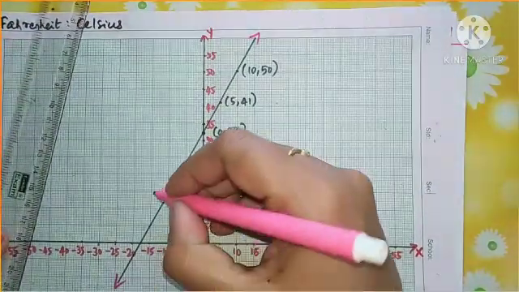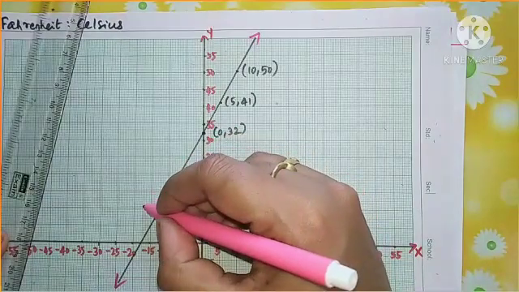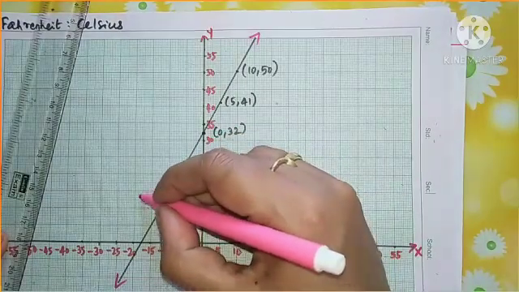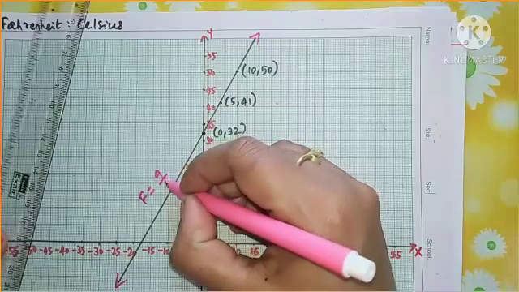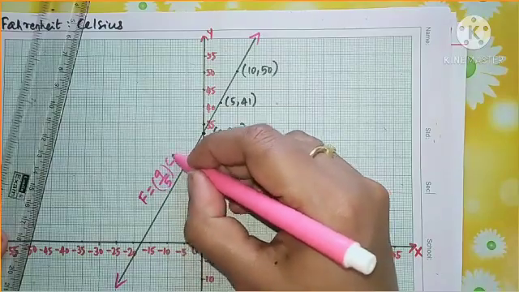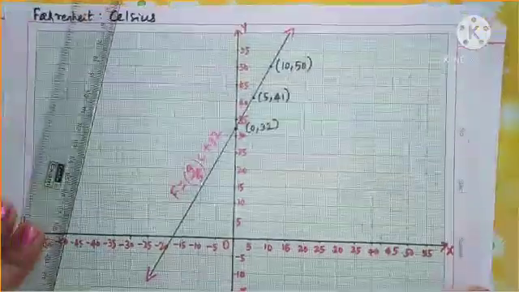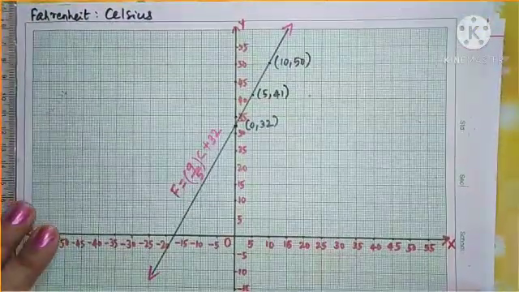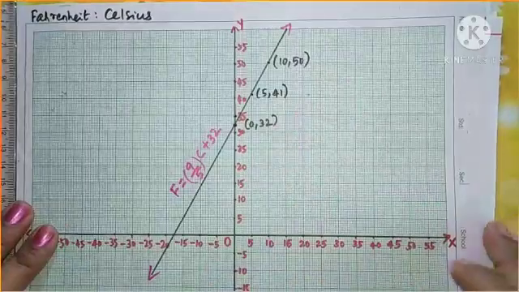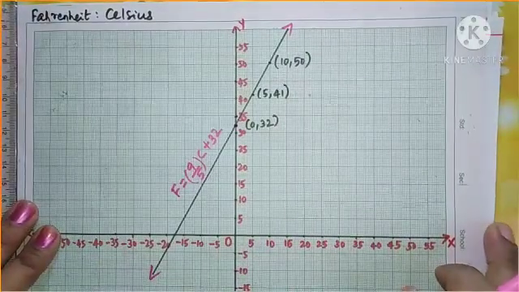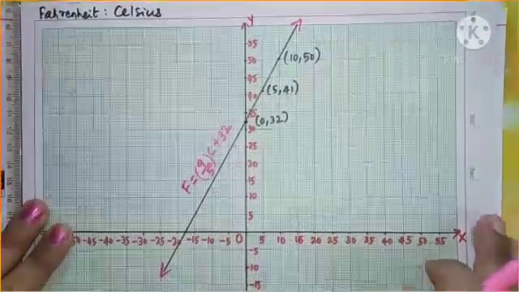Now you can write the equation. What is the equation of this graph? F is equal to 9 by 5 of C plus 32. So for this linear equation in 2 variables, we plotted the geometric representation of the graph by 3 coordinates.